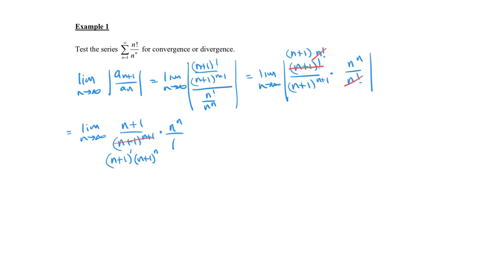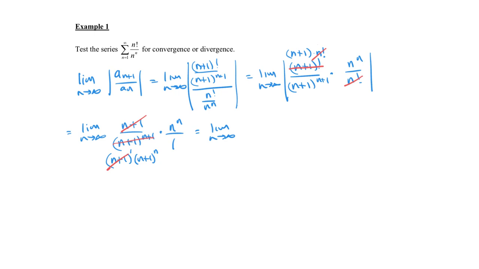Right, that's the same thing, because if we multiplied these two together, we'd add the powers, 1 plus n. So n plus 1 to the 1 and this n plus 1 to the 1 actually cancel, right? So we could cancel the n plus 1 and the n plus 1 and just get the limit as n approaches infinity.